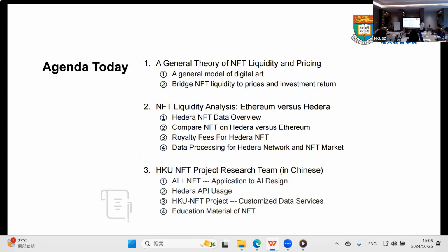We also work on education material on non-fungible tokens to understand the economics behind it and basically the competition landscape. Okay, so we need to shift to that.